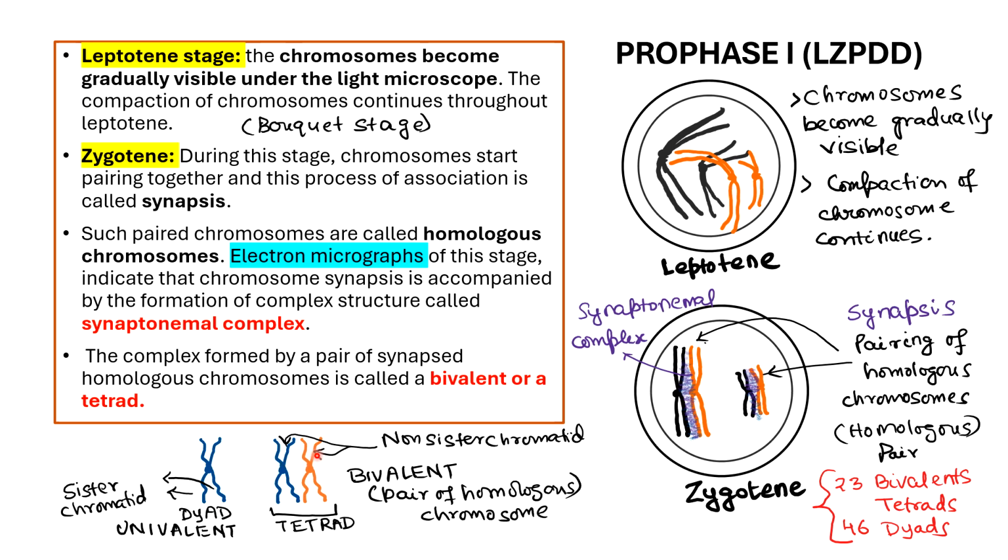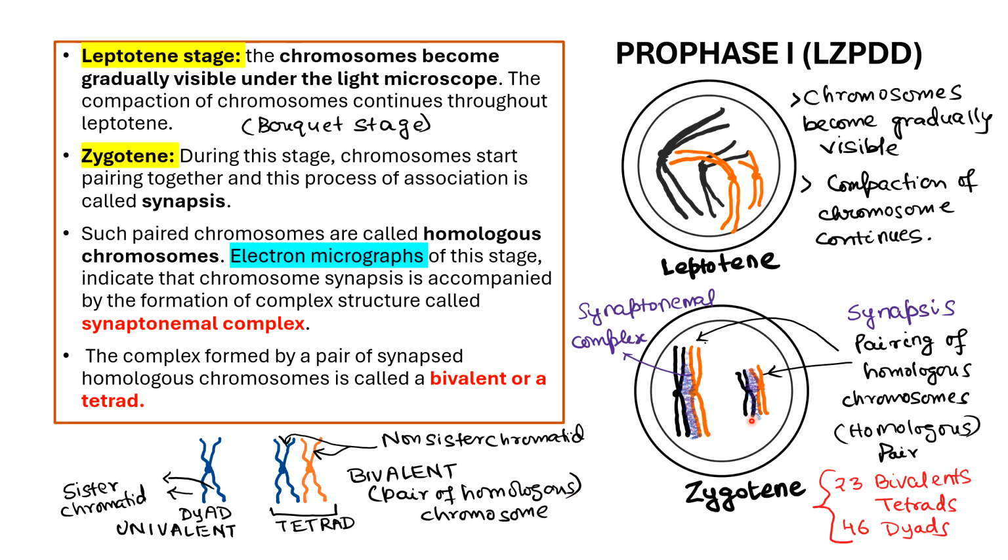This pairing brings the two paternal and maternal chromosomes together, and because we have four chromatids in them, this structure is called a tetrad. And also, as there are two homologous chromosomes, it is called a bivalent. So a bivalent chromosome is nothing but a pair of homologous chromosomes.